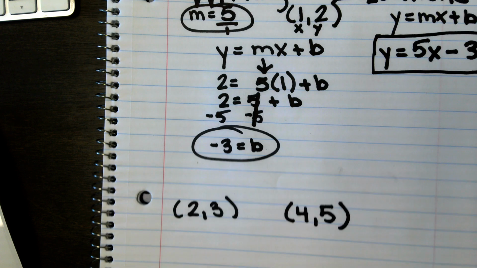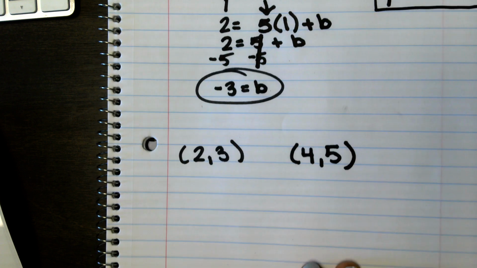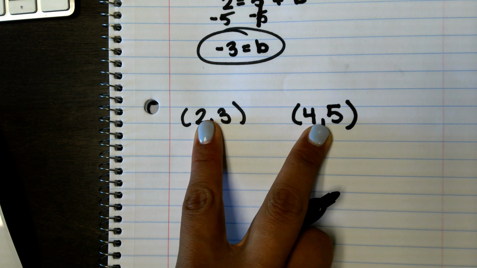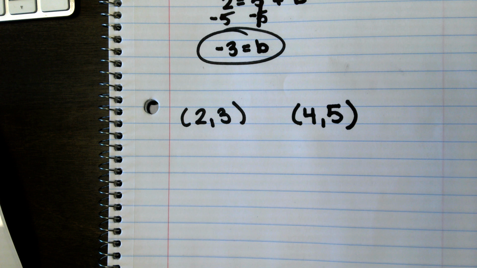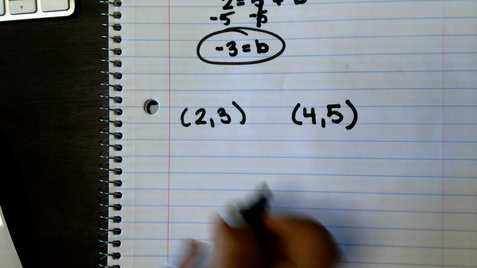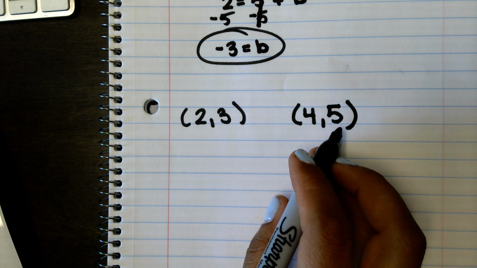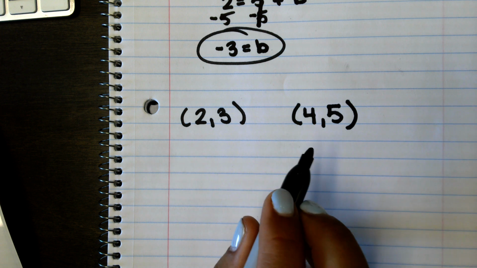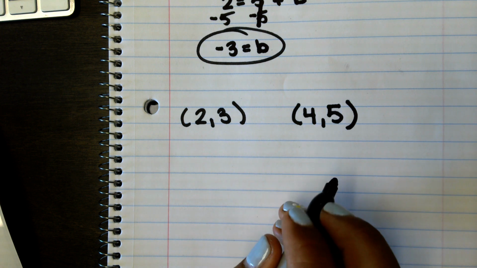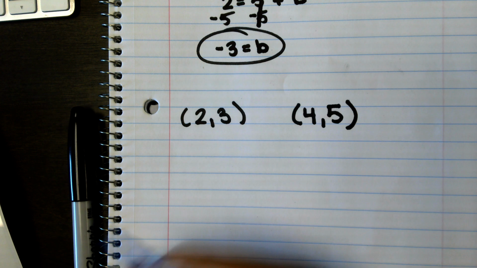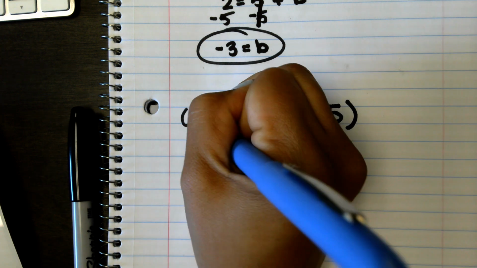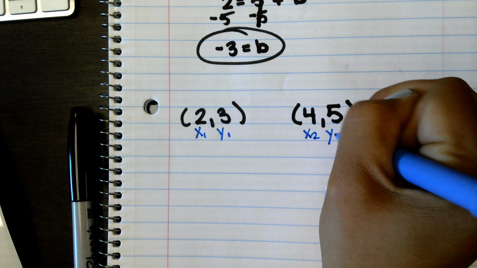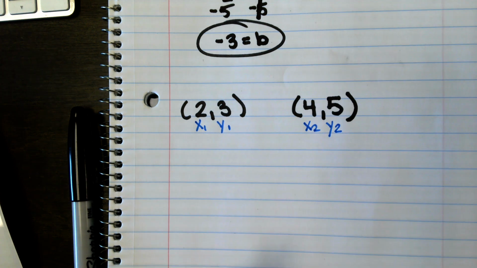Now, you also might have a situation where you are given 2 points, no slope. Oh no, 2 points, no slope. But we know how to find slope with 2 points, and you can refer to that slope formula video if you'd like. I'm going to label these x1, y1, x2, y2 in preparation of using the slope formula.